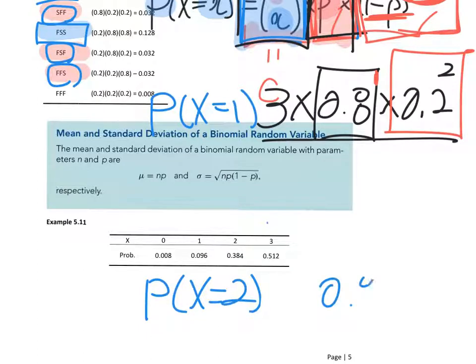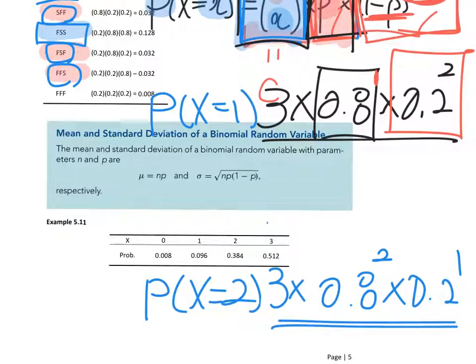So we take 0.8 squared, 2 successes, and 1 failure, 0.2. How many power? 1. And how many combinations? 3 again. So we took 0.8 times 0.8, 2 successes, additionally times 0.2, 1 failure. So that was this one.